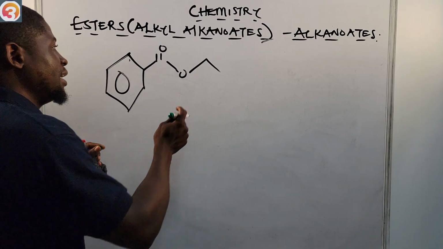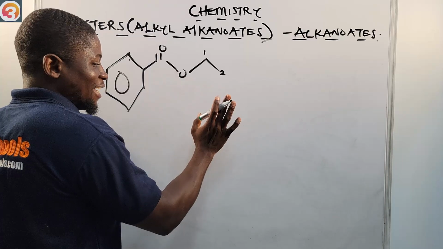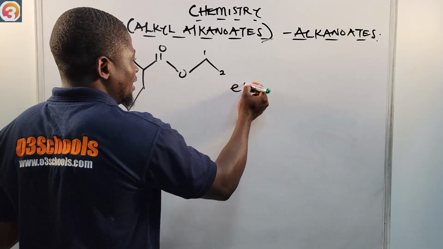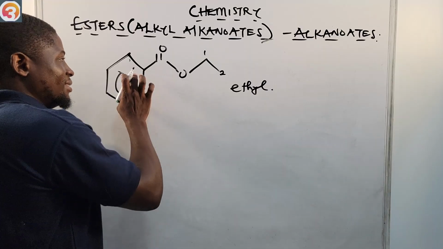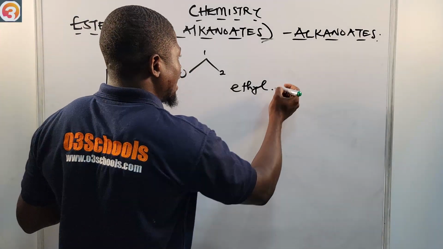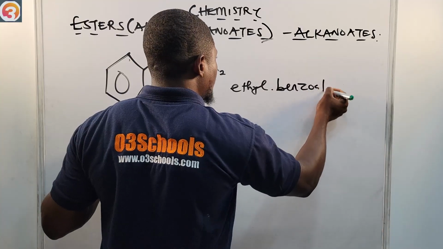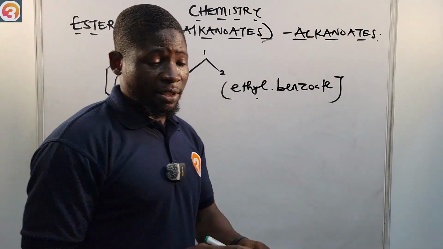It's very easy. How many carbon atoms are here? 1, 2. Our oxygen is on the right as usual, so this will be our ethyl. But this is benzoate. This is the benzene ring with an ester group. So benzoate, ethyl benzoate.